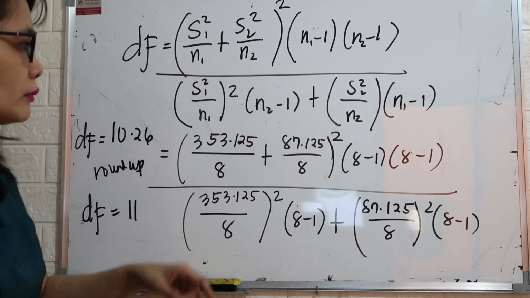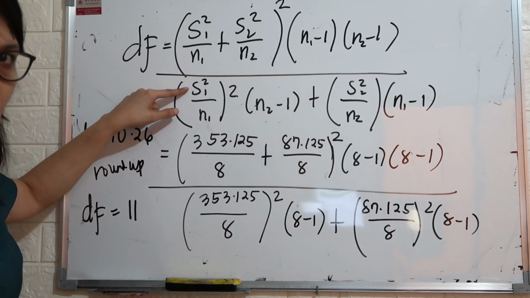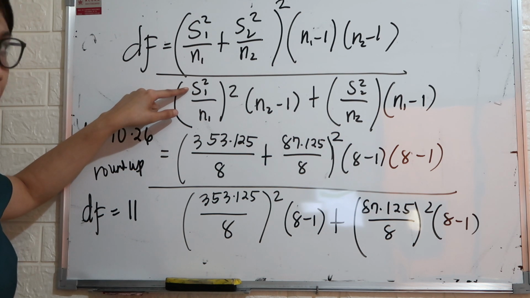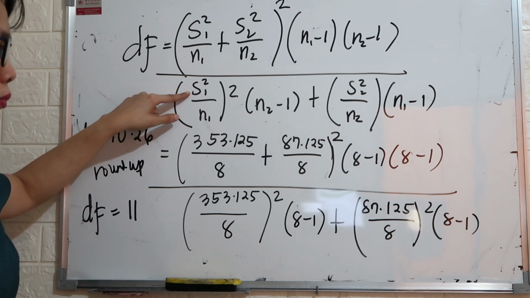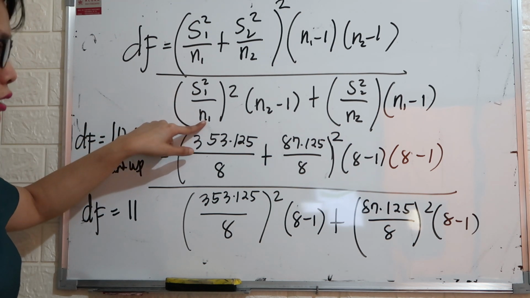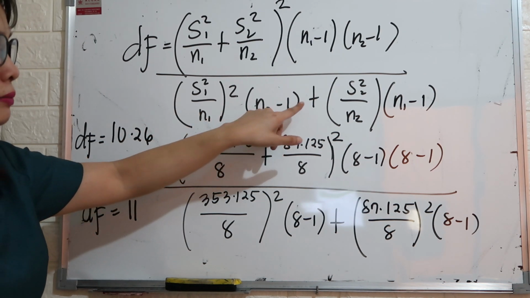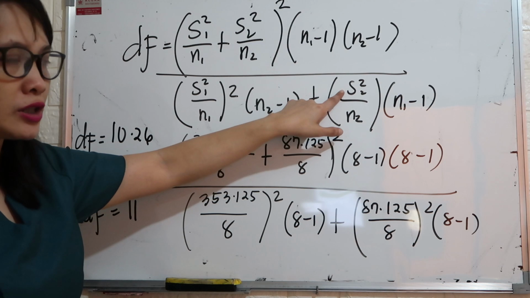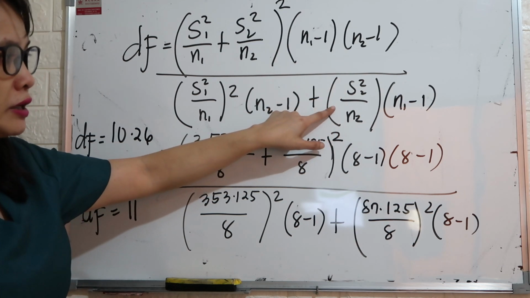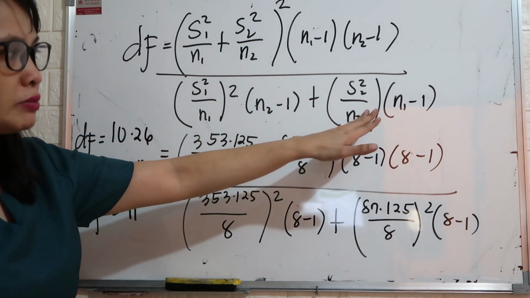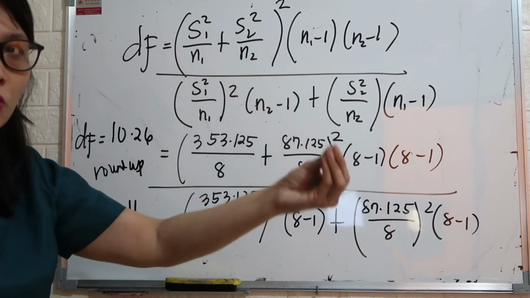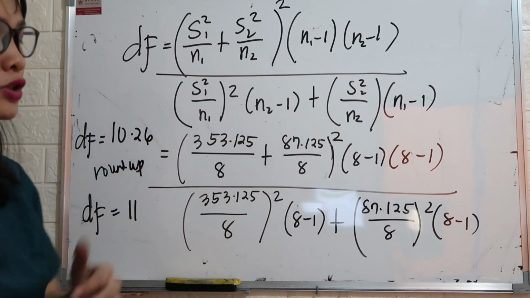All over the first variance of the sample divided by n sub 1 raised to 2 multiplied by n sub 2 minus 1, plus the second variance of the sample divided by n sub 2 multiplied by n sub 1 minus 1. When we say n sub 1, n sub 2, you're referring to the sample size.